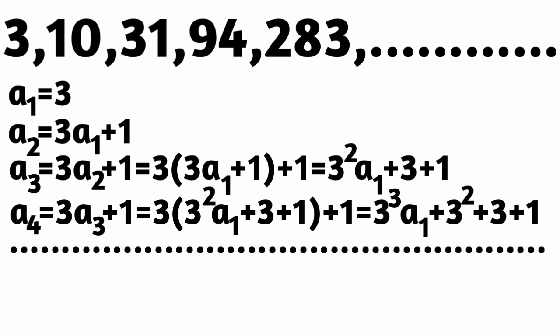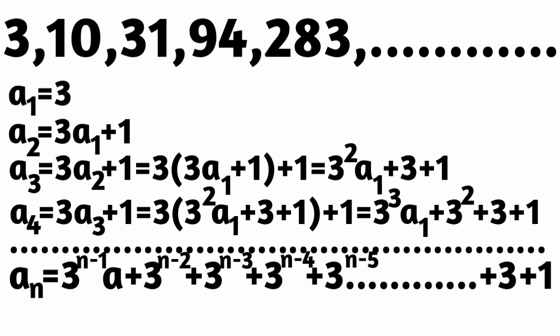Following the same procedure we can also find the fifth term, sixth term and so on. So by following this pattern we can express the last term an as 3 power n minus 1 a1 plus 3 power n minus 2 plus 3 power n minus 3 plus 3 power n minus 4 plus 3 power n minus 5 and so on, plus 3 plus 1. This is the expression for an.